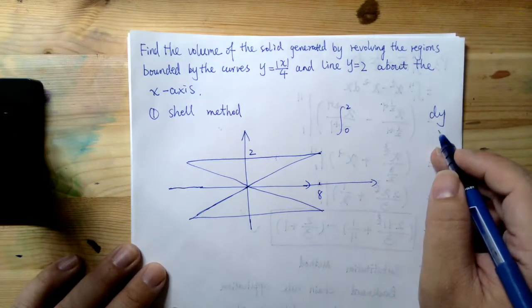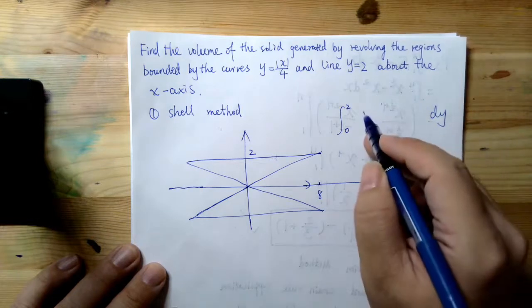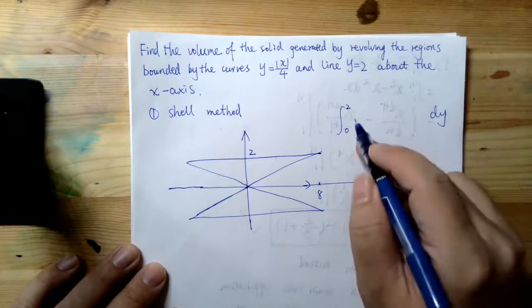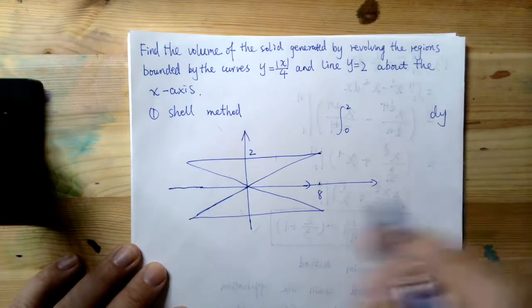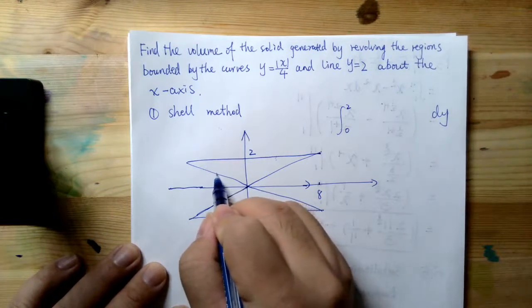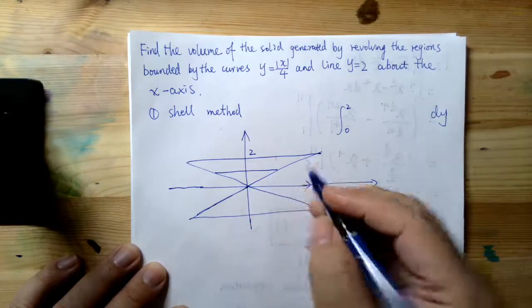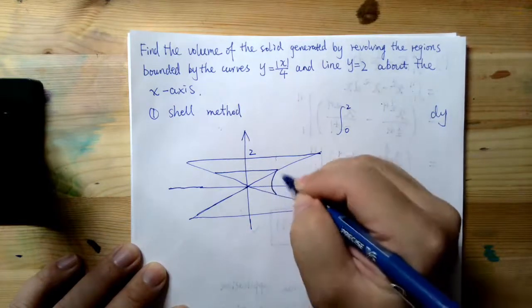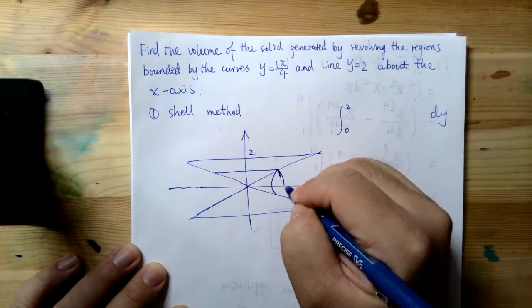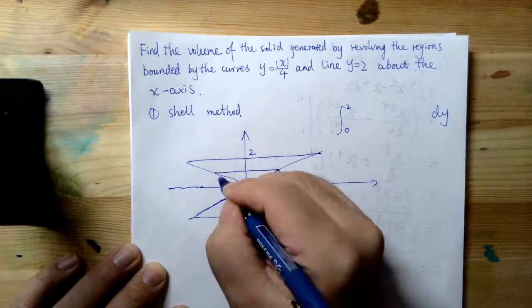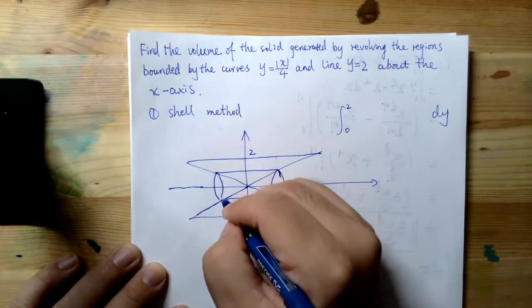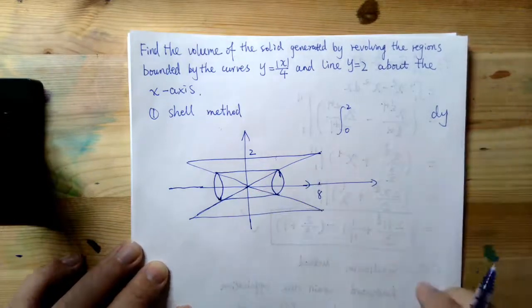And then next we want to figure out the volume of the shell. Okay, and this is going to be the basic graph of the shell, okay? Of the shell.